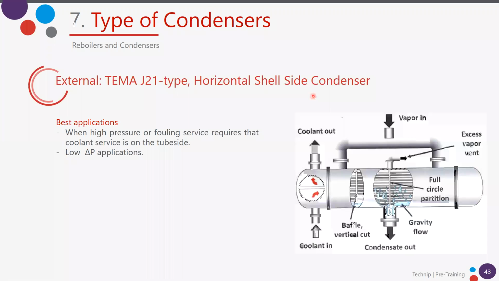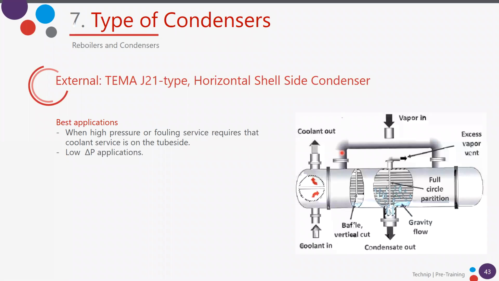The difference from the E type is that we have two shell side nozzles instead of only one. So with J type, we have two nozzles at the shell inlet.